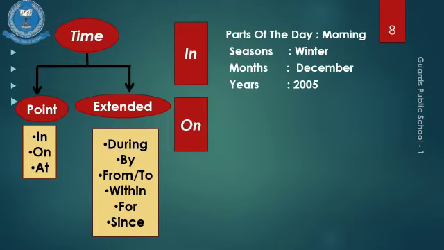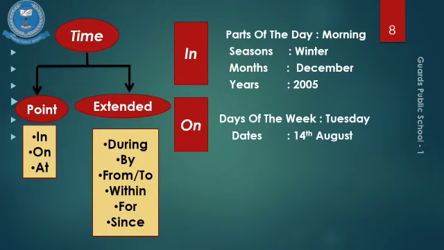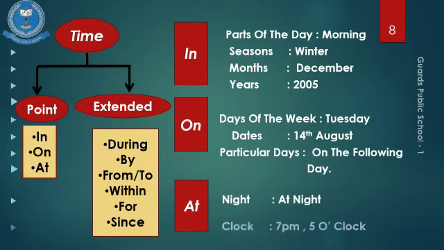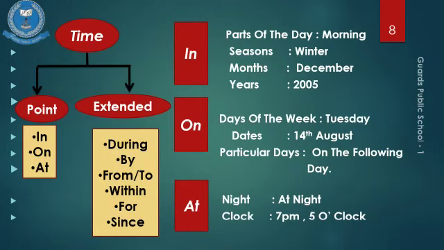On is used with the days of the week, which are Tuesday, Wednesday, Monday, with certain dates, that is 14 August, and with some particular days like on the following day. At is used with night time. It is also used with the timing of the clock, that is 7 p.m., 5 o'clock, etc., and with special holidays like Eid, Christmas, etc.